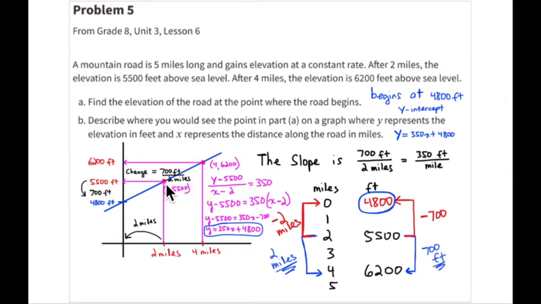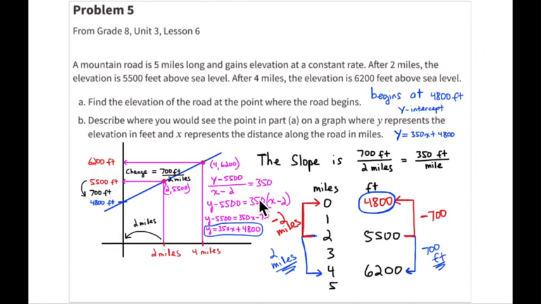So you go to 2 miles, and then you end at x. So to figure out that horizontal change, you have to take where you end and subtract from that where you start. Start at 2 miles, so this is x minus 2. So it's y minus 5,500 over x minus 2. Well, that's the vertical change over the horizontal change, which is the slope. We already know that is 350 feet.